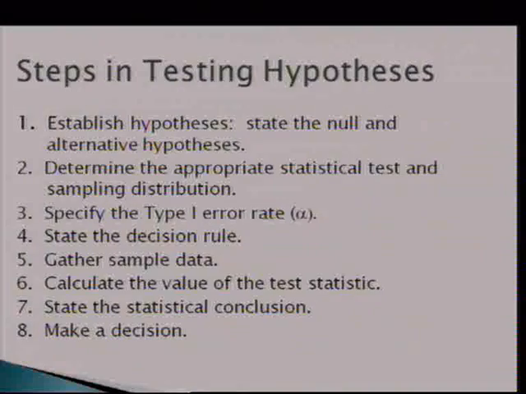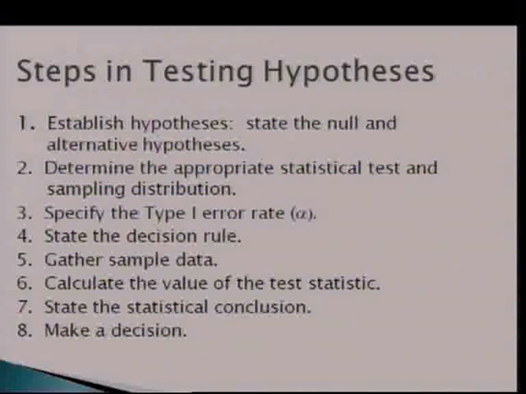Now the steps we follow in testing the hypothesis are: the first is to establish the hypothesis, stating both the null and alternative hypothesis. In the second stage, determine the appropriate statistical test, whether it can be a Z test, T test, F test, or we can go for a chi-square test or any other test.